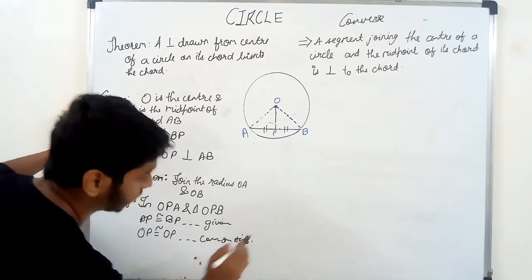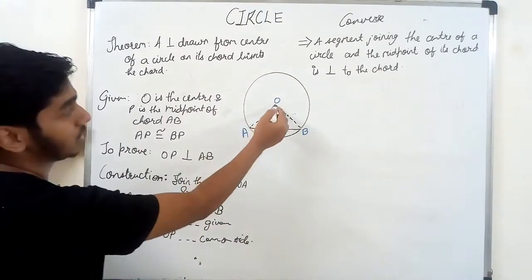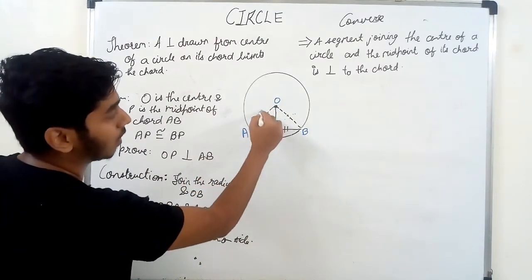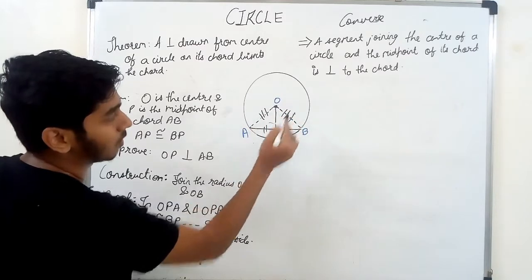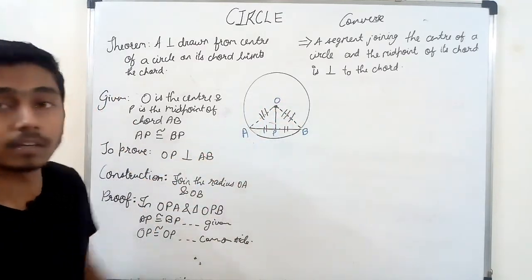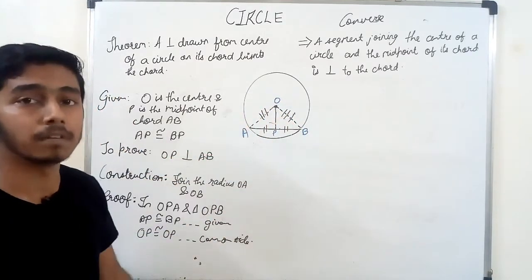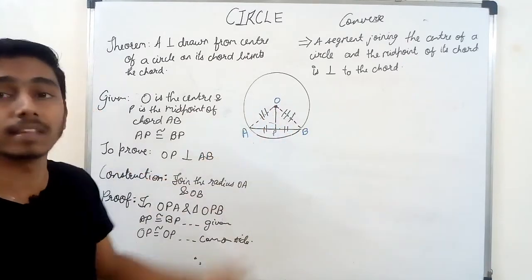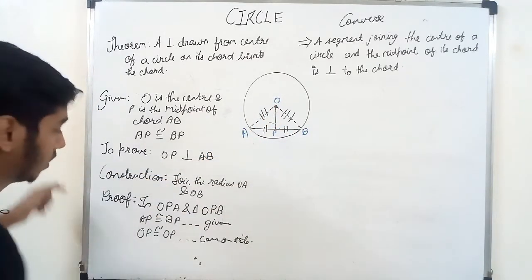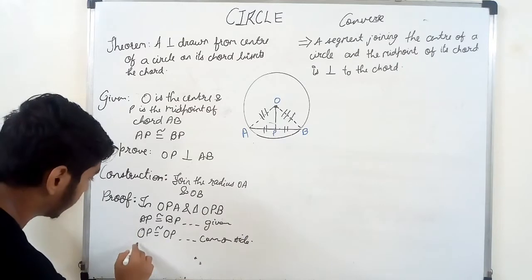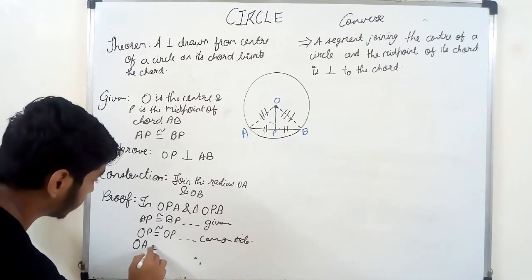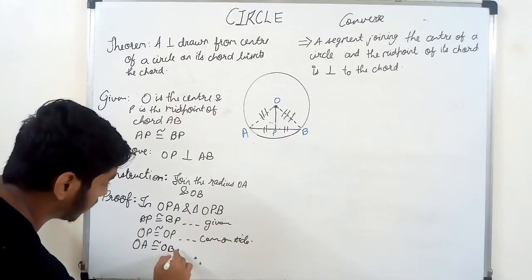Common side, correct? Now if you see OA and OB, why are these two congruent? Because it's radius, simple. OA and OB, they both are radius. Therefore we'll say OA is congruent to OB. Why?